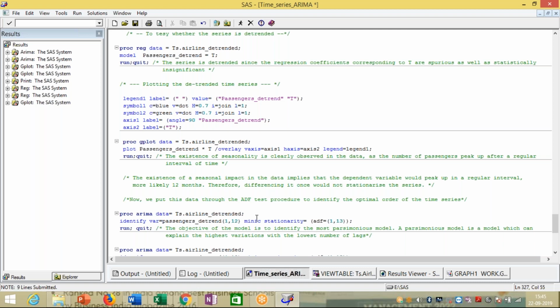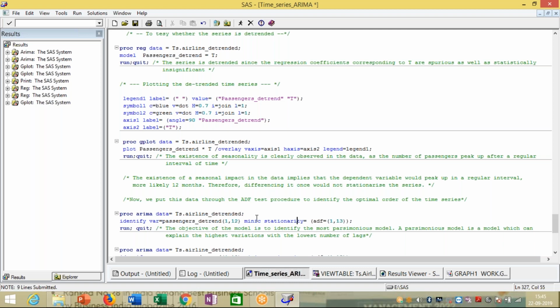MINIC is minimum information criteria. It tells us which lags correspond to the minimum Akaike information criteria and Schwarz-Bayesian criteria. So we need to look into that, and over here we need to therefore talk about the information criteria as well.